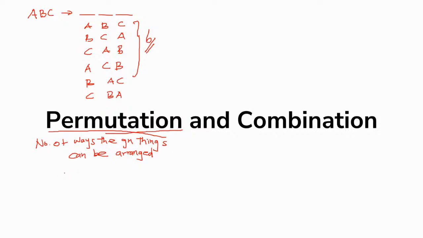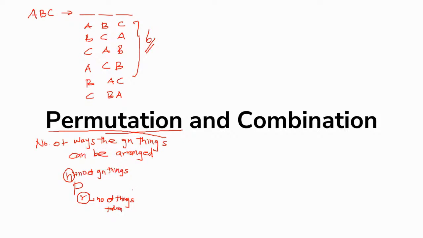Permutations can be calculated through nPr, where n is the number of given things and r is the number of things taken.